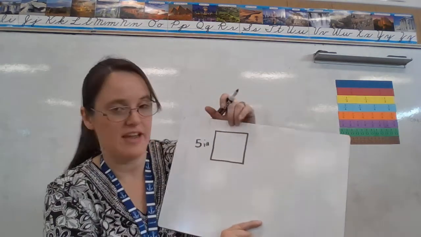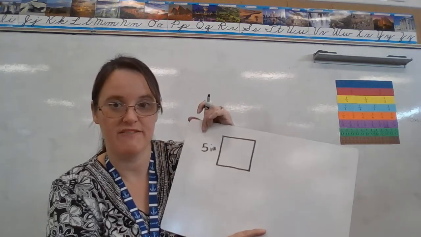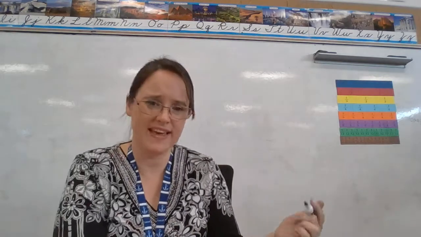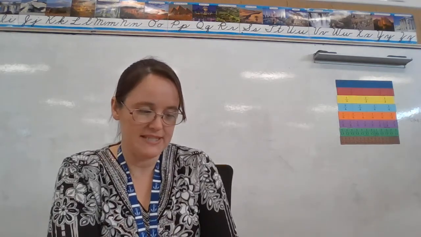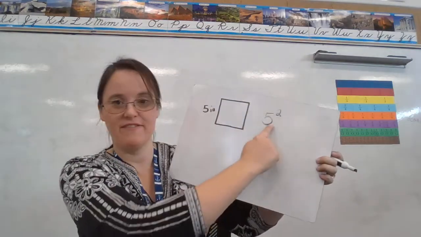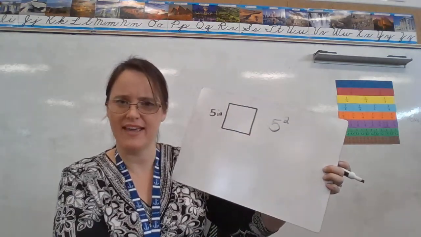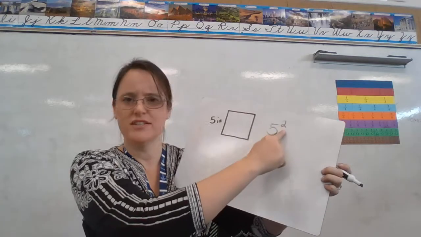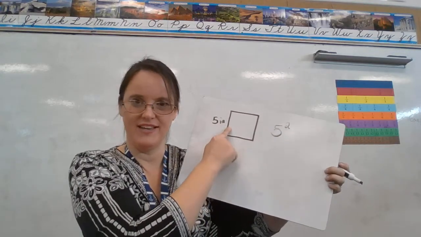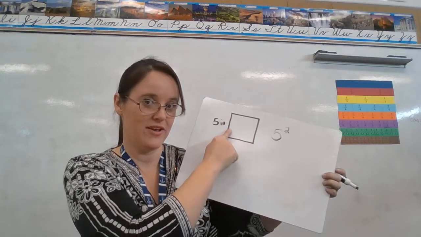So we know to find the area, we're multiplying 5 times 5. So I could write that as 5 times 5, but since we're using exponents, I could also write it as 5 squared.